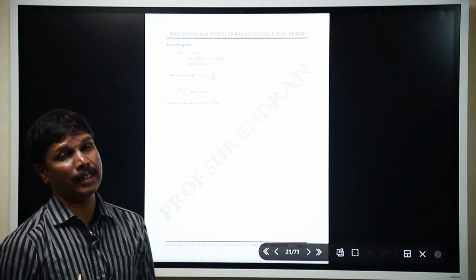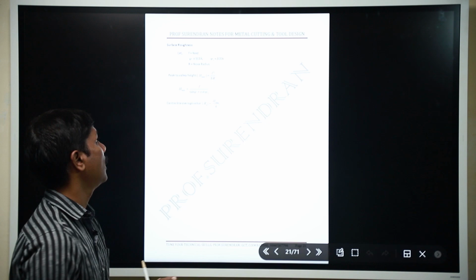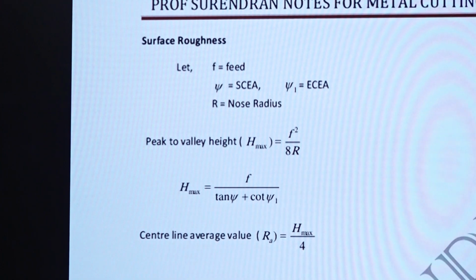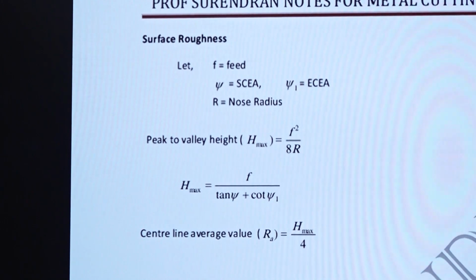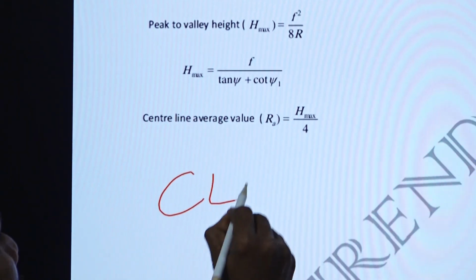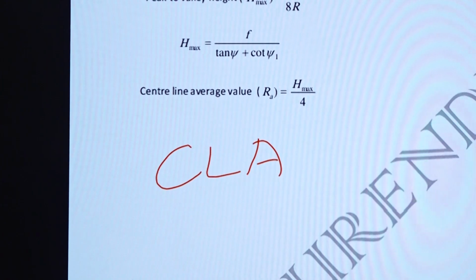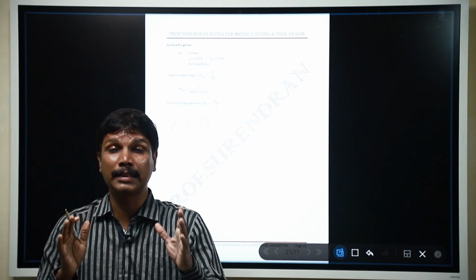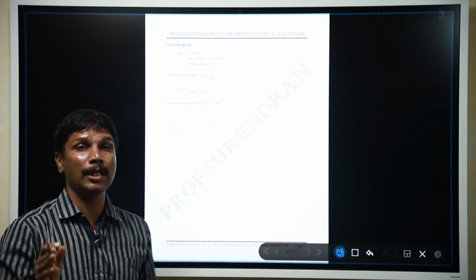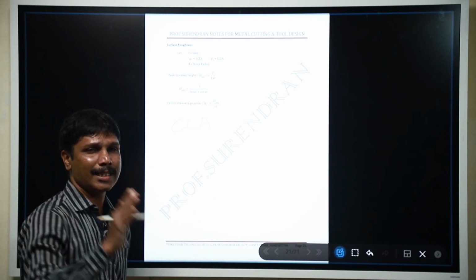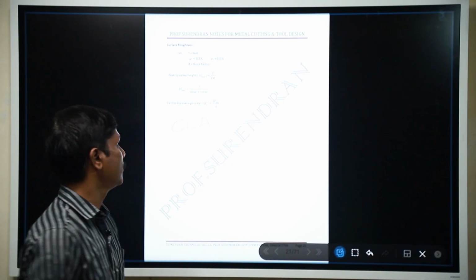In some questions, center line average will be asked. This is the maximum peak to valley height, and the center line average, CLA. Center line average gives you the surface finish. They will ask what the CLA value is, and that is equal to h max by 4, a quarter of the h max.